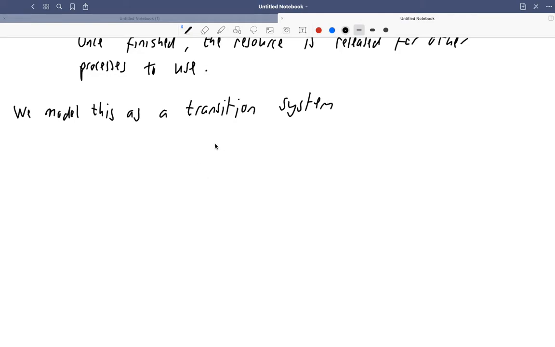So the transition system is going to have a start state. So we come into the start state, and every state is going to be labelled by two properties. The state is the state of the whole system, and the properties represent the state of the two different processes.